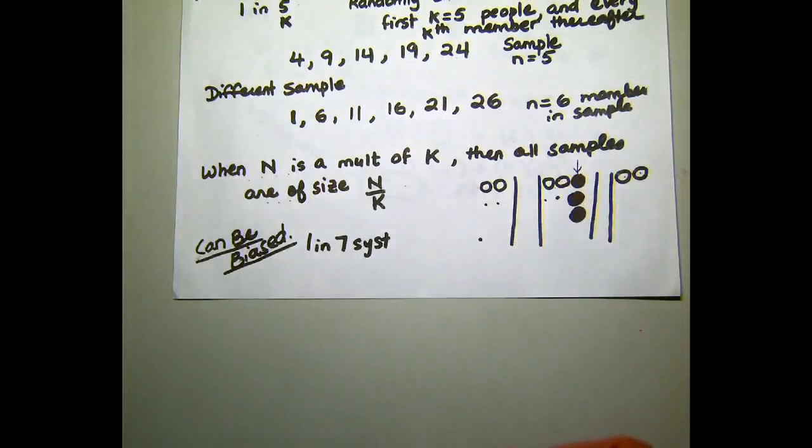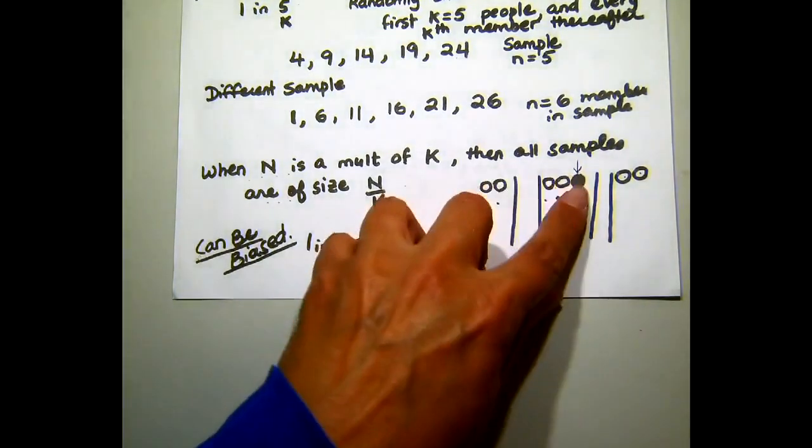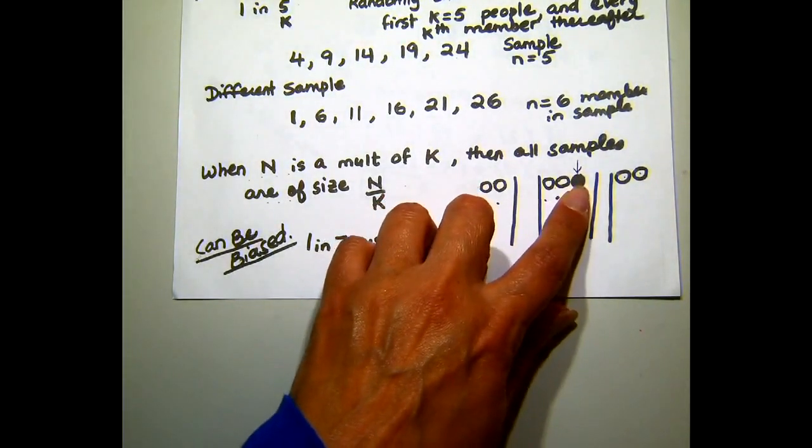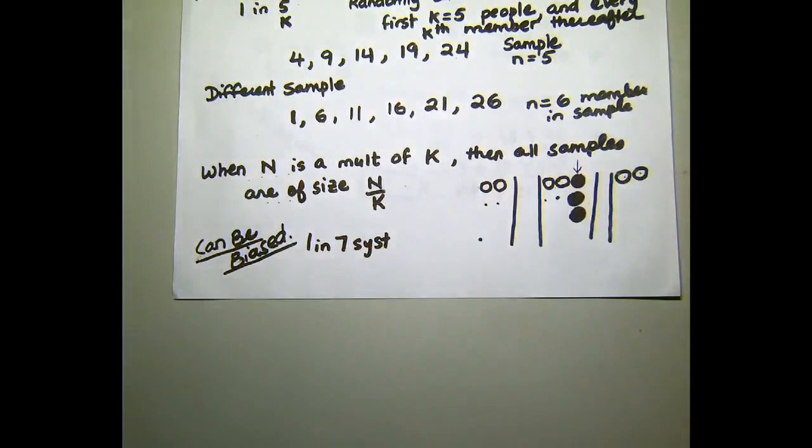He's not sitting in the middle. He's sitting at the aisle. He's in the front row on the aisle. So why is that biased? What's wrong with that?